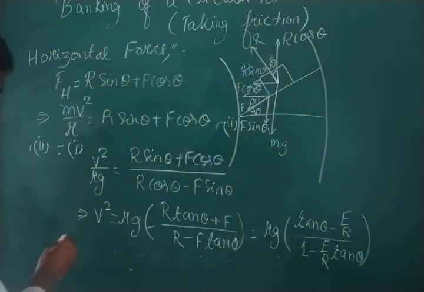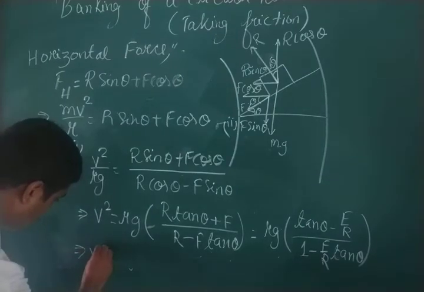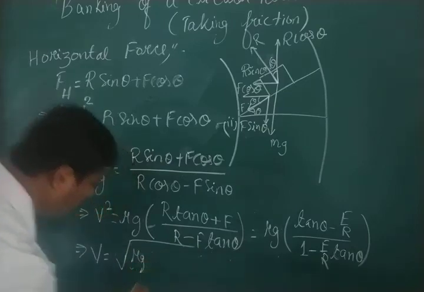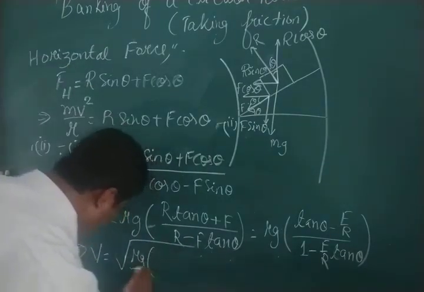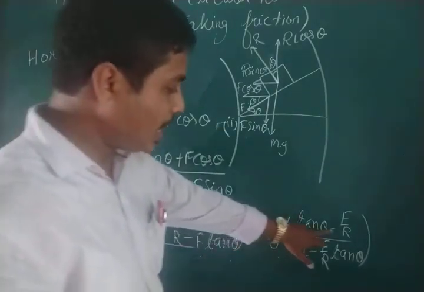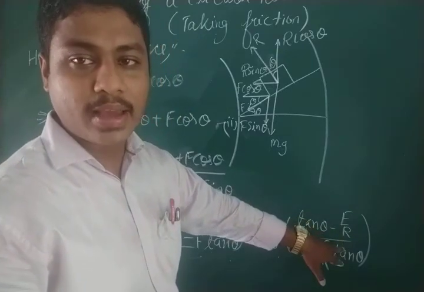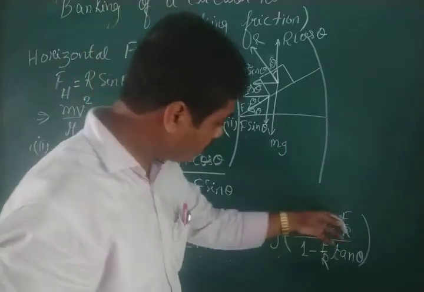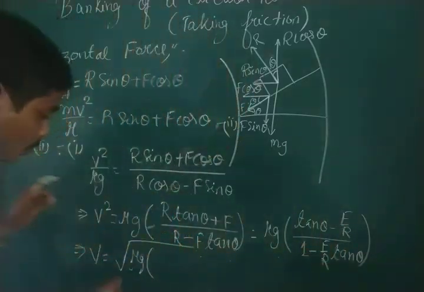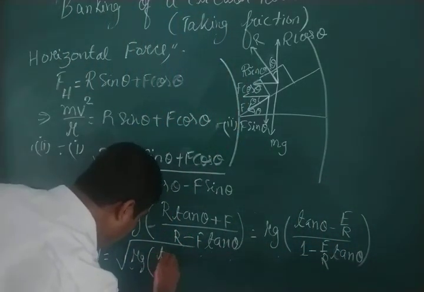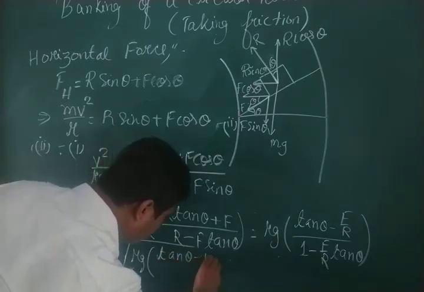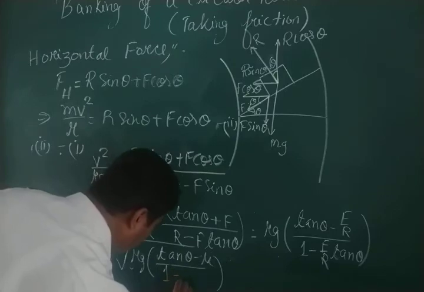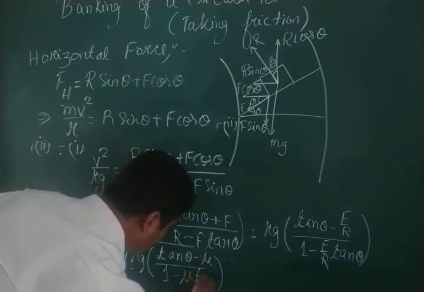Now v will be equal to root over rg times, inside the bracket, tan theta minus f by r. What is f by r? F by r is nothing but the coefficient of friction, so in place of that you have to put mu: tan theta minus mu divided by 1 minus mu tan theta.